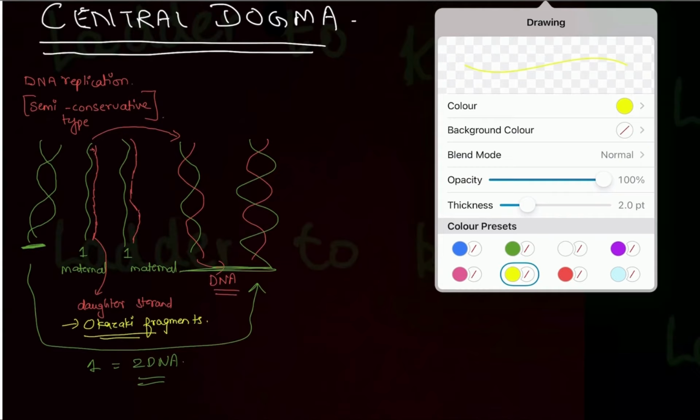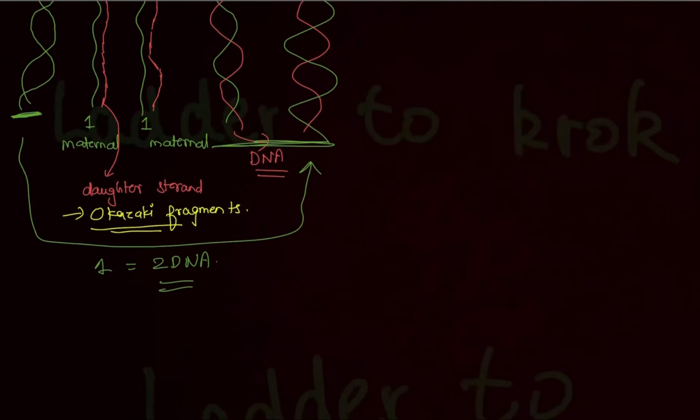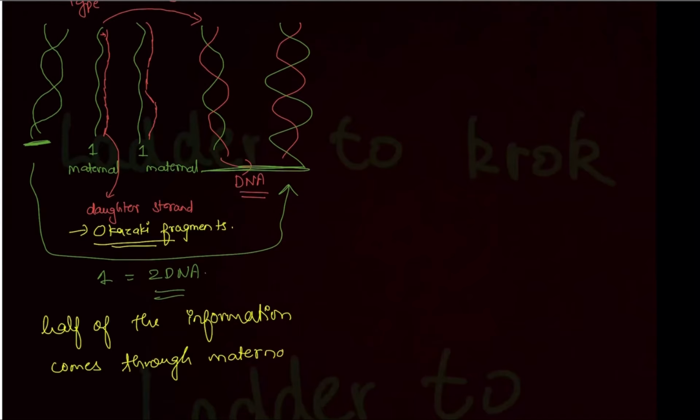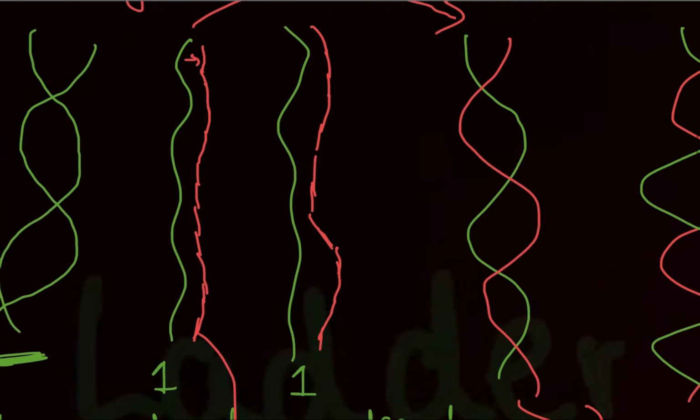And the reason why it is called semi-conservative, now let's write down the semi-conservative, is because half of the information comes through maternal chain. Right, I said the maternal chain will make a copy of it, right? Here you can see this maternal chain is making its copy, right?